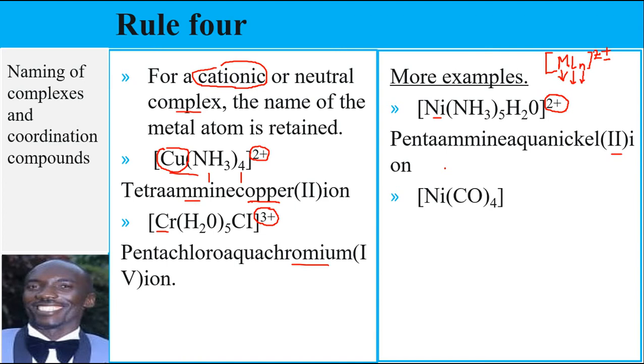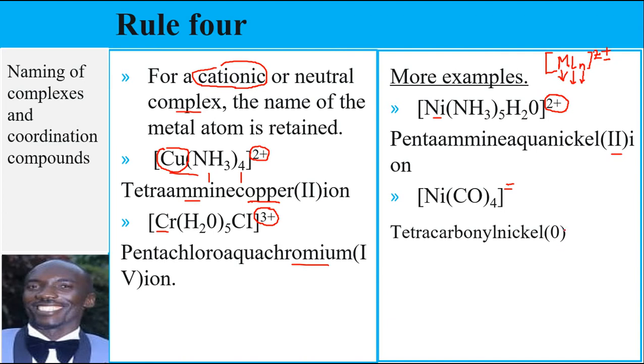Then we also have this. This one has a 0 charge as long as there is nothing outside here. It means that the complex has a 0 charge, and we also say that the name of the metal atom is retained. So we call it tetracarbonyl nickel(0).